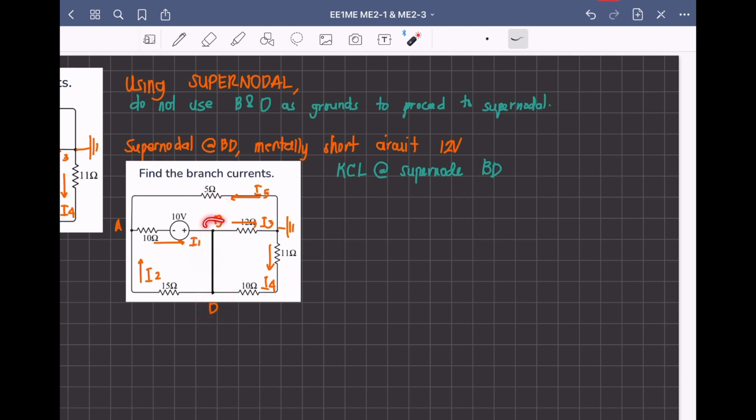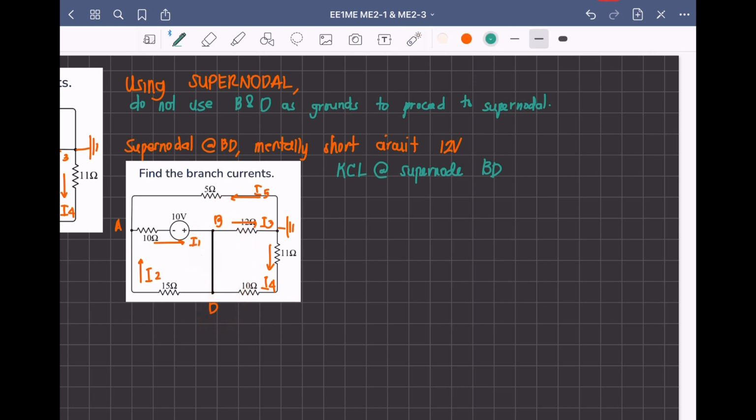If you're going to look at node B, dalawang branch yan. And if you're going to look at node D, dalawa ding branch yan. In short, your KCL equation must contain 4 currents. Okay? Kasi 4 na branch yan. In short, lahat ng nakakabit sa supernode kasali sa KCL. Kumbaga lahat sila, kahit magkakaiba ang pwesto, iisa yung pinapasukan nilang node.